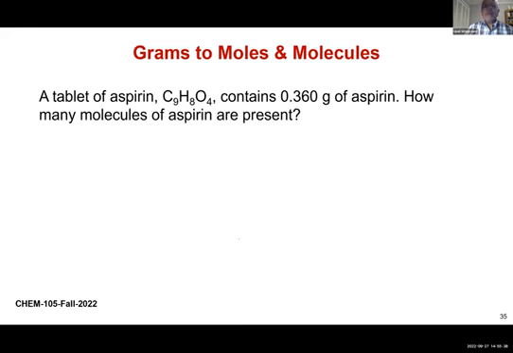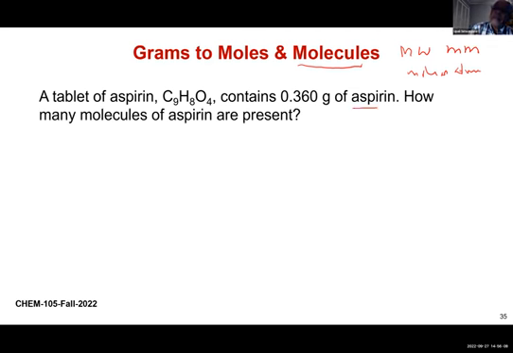We're going to do another calculation. The previous calculation was about an ionic compound, formula mass, formula weight. Now we're going to talk about molecular weight, molar mass, and the number of molecules and atoms.